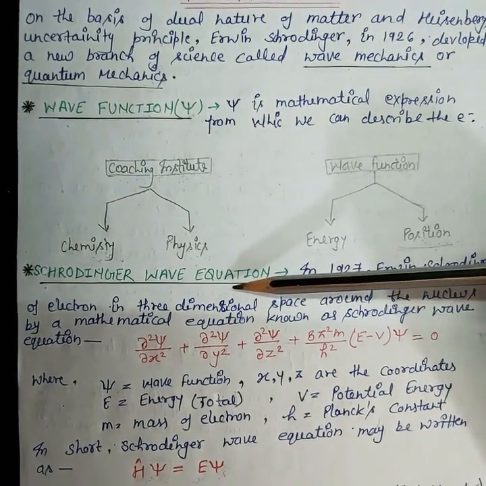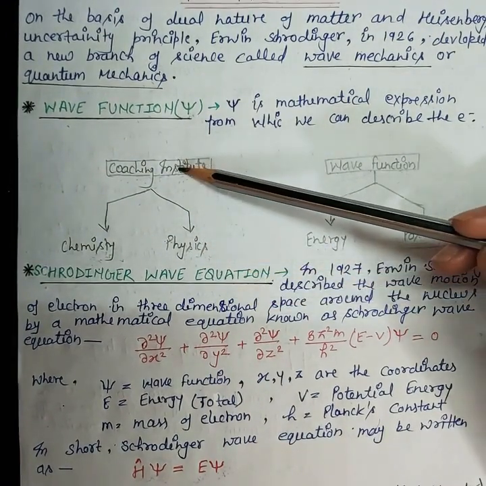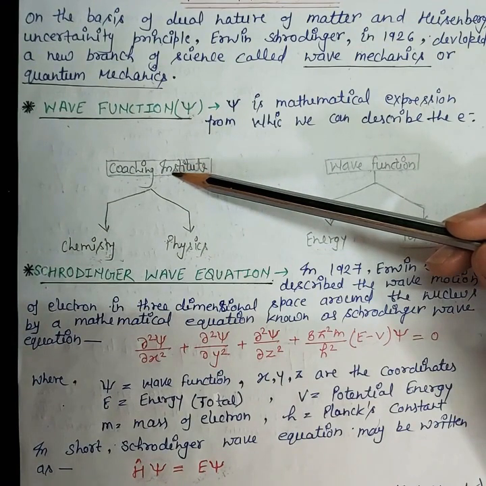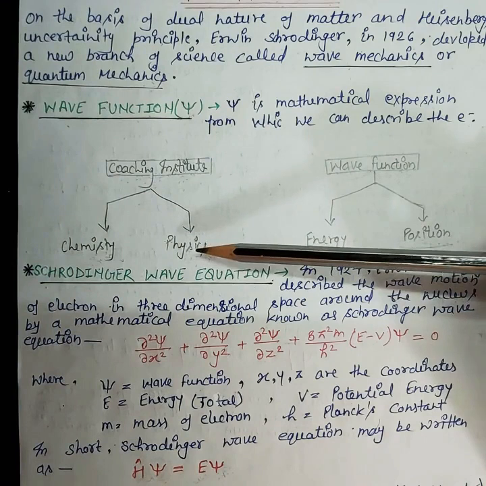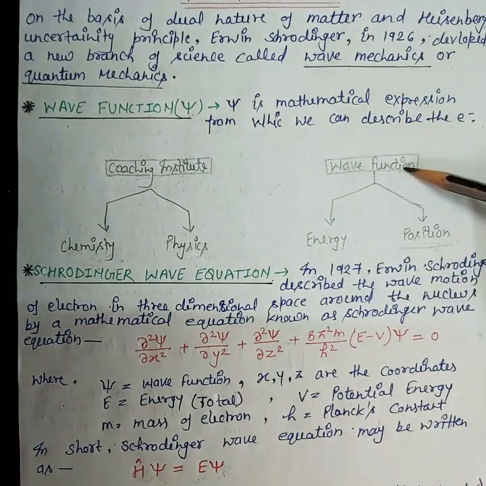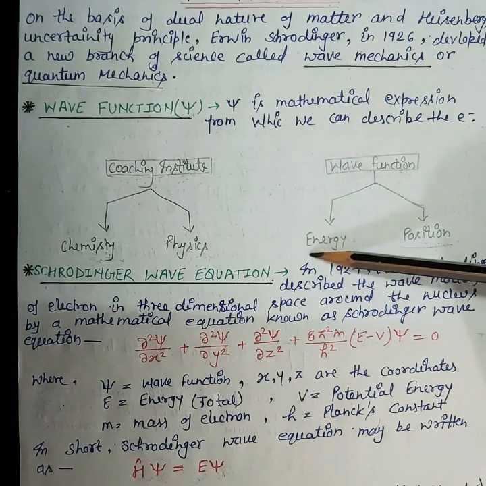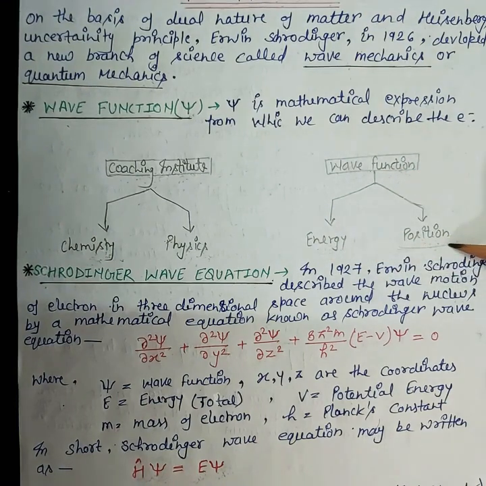So we can say that from this coaching institute, we can get information about chemistry and physics. Similarly, by using the wave function, you can get information about energy and position. By using this, you can get both.